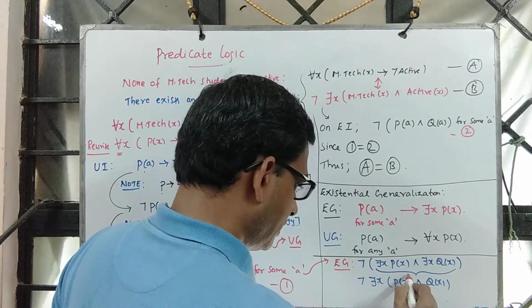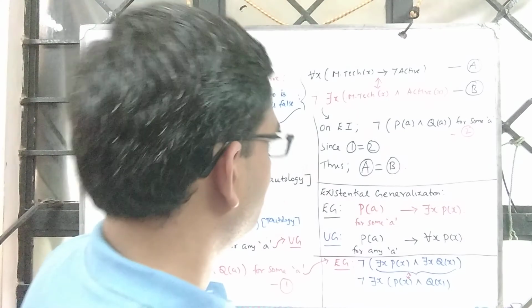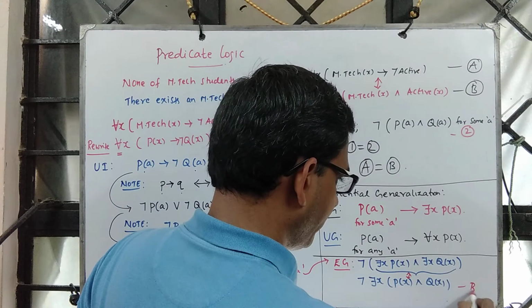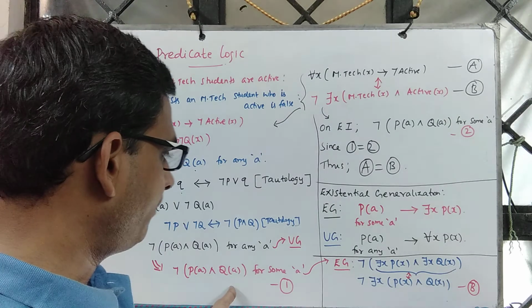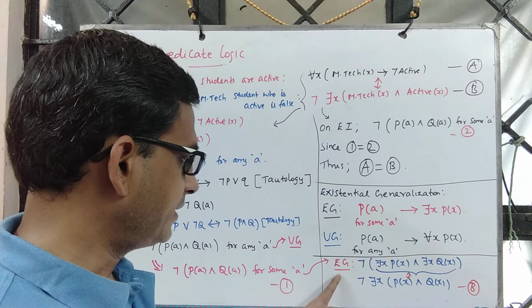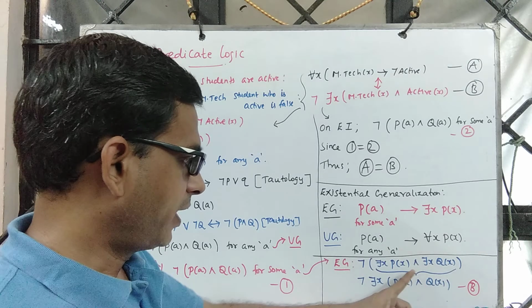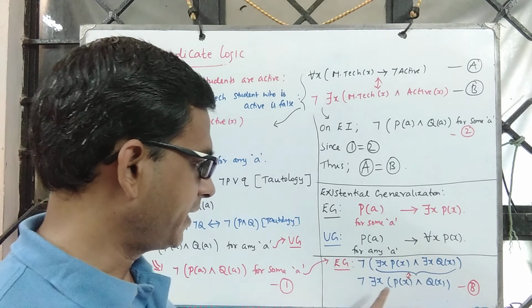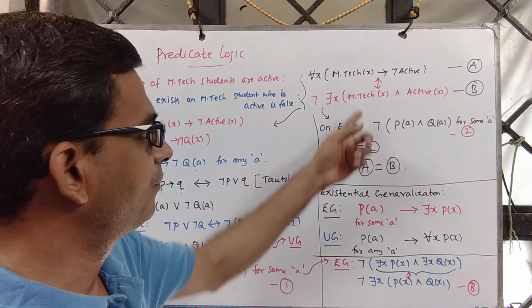So now this and this are equivalent. Okay. Now that's precisely our B. So at this point in time, I perform existential generalization. We get this, and this one is equivalent to writing there exists X, P of X and Q of X. Therefore, we have this expression.